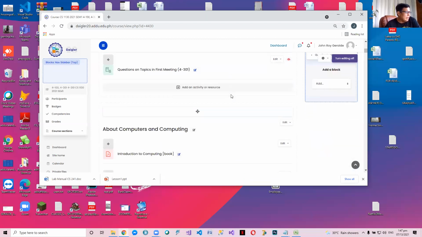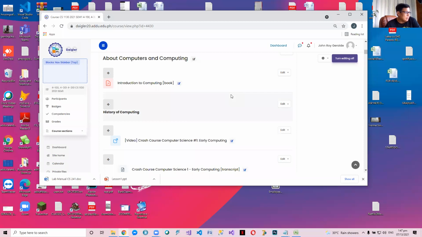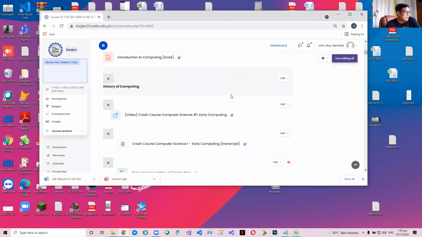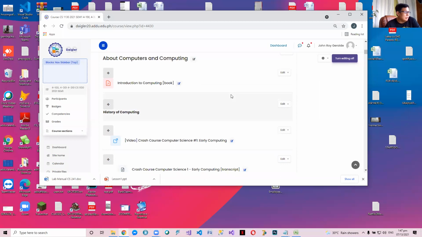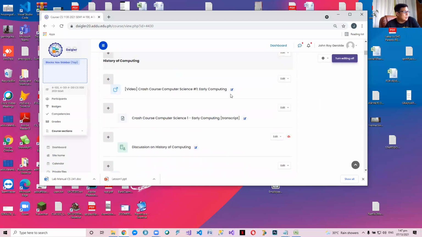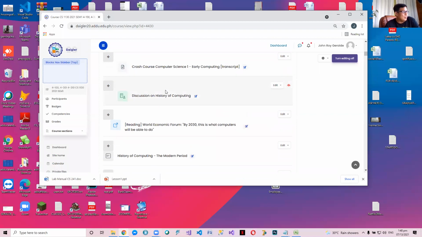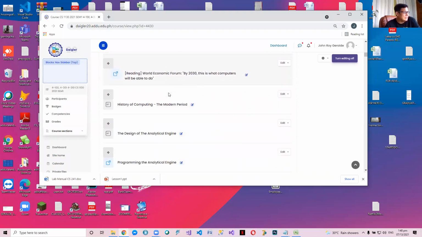If you take a look at our outline, of course we will start with the history of computing. We will define what computing is. I suggest that you look at the videos of these crash courses for early computing and others, because this is an overview of all the things that you will take during your 4 years, so you will not be surprised when you go to your actual class.